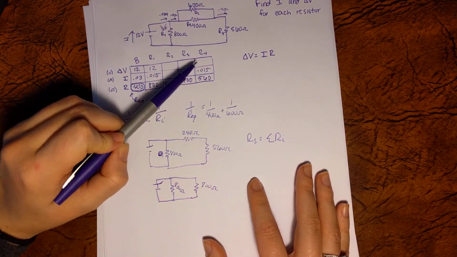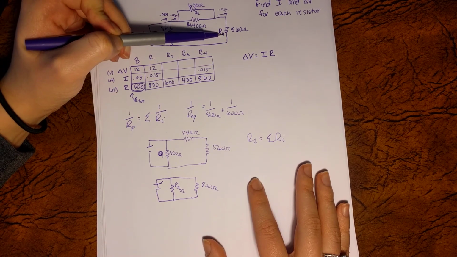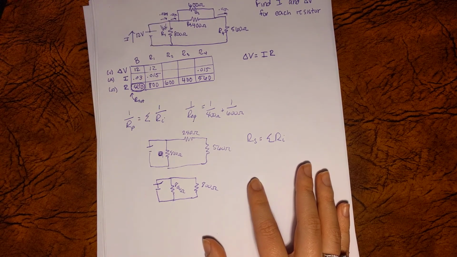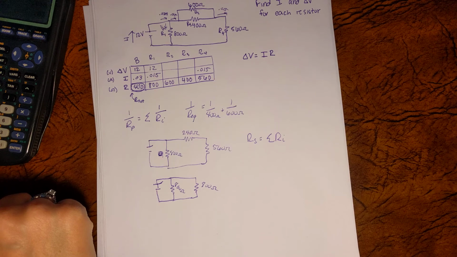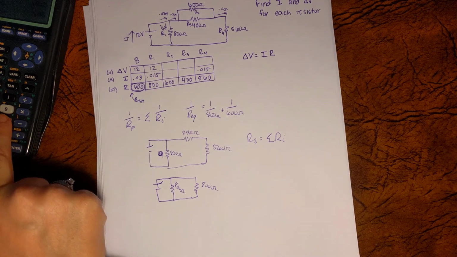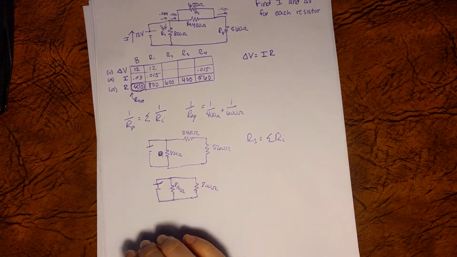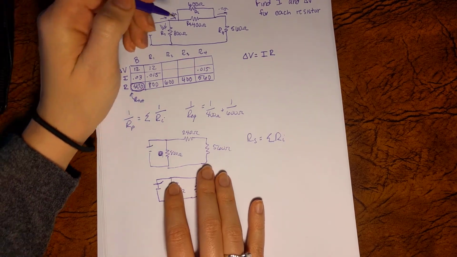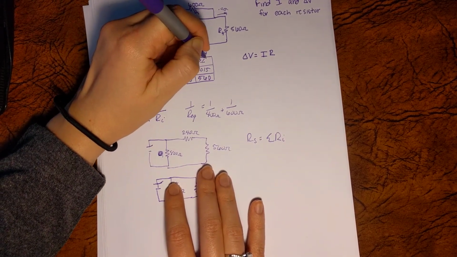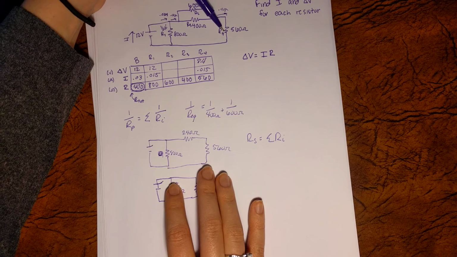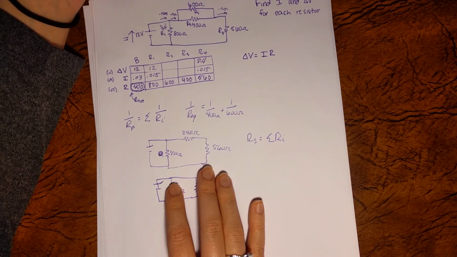Then we can calculate the voltage drop in resistor 4. We take 0.015 amps, multiply it by 560 ohms, and we get 8.4 volts. So we have a voltage drop of 8.4 volts there.